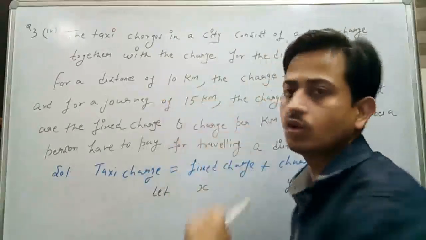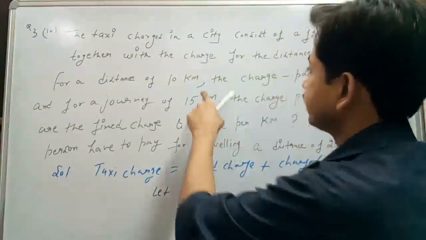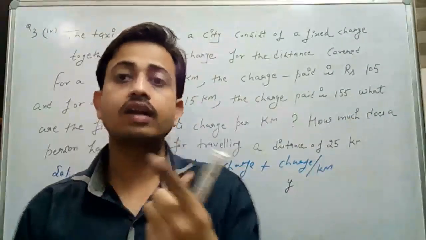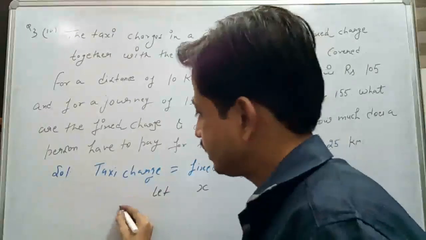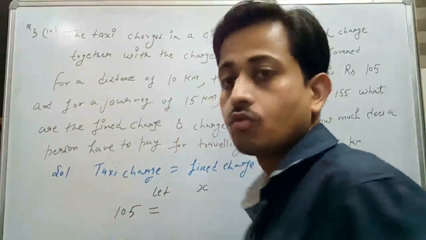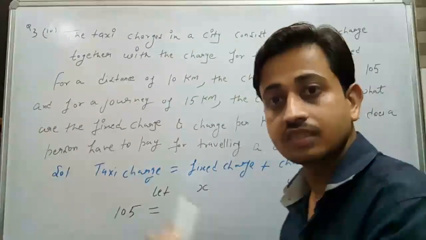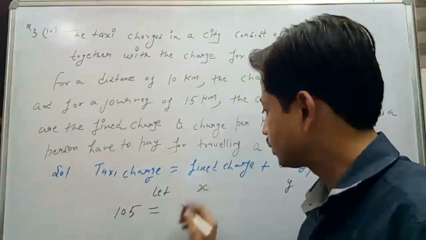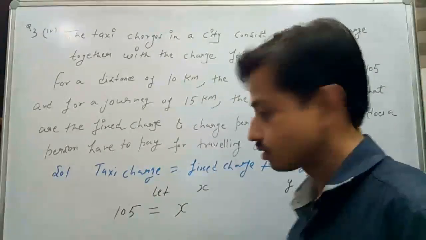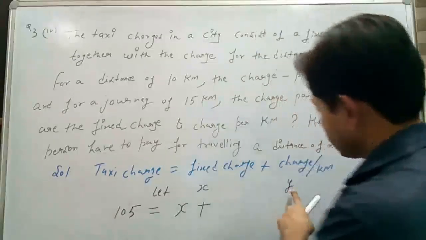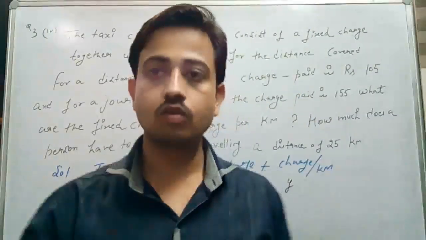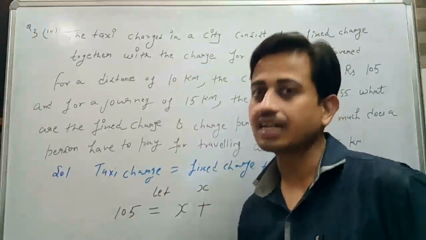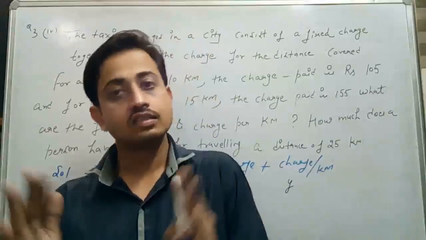For a distance of 10 kilometers, the charge paid is 105 rupees. It means this is the total charge. So the taxi charge is the fixed charge, x, plus the charge per kilometer.